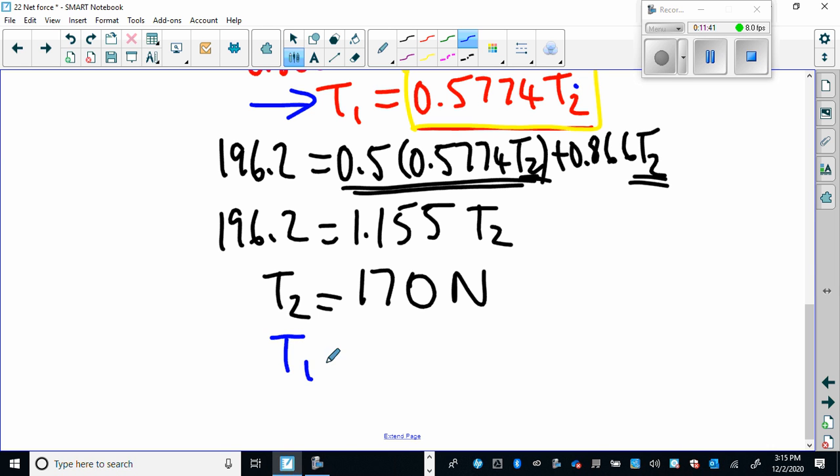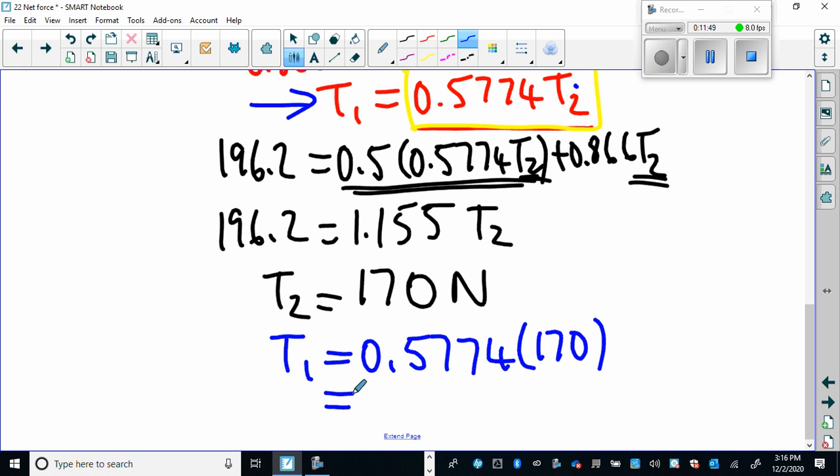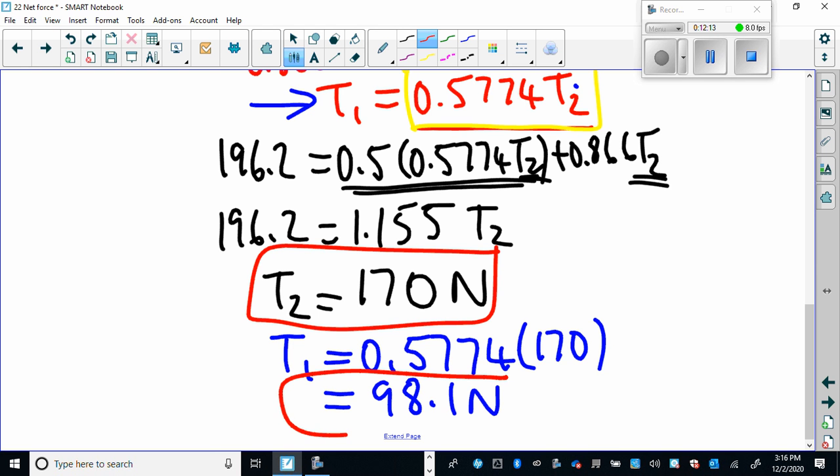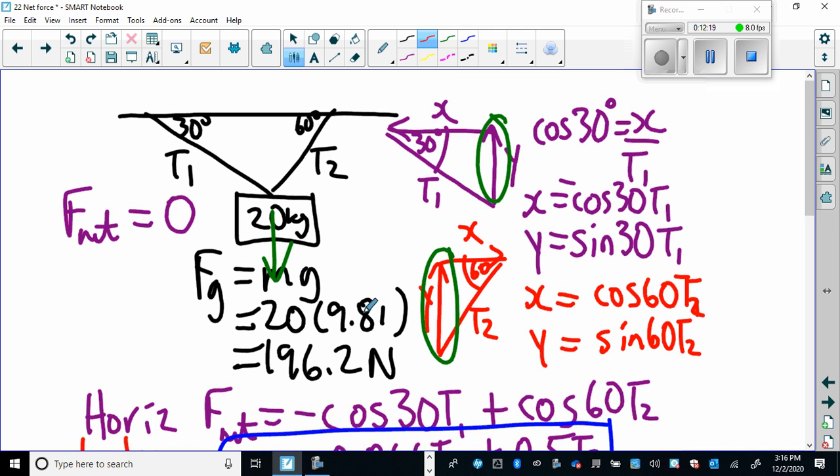I'm going to get T1 equals 0.5774 times 170, and that is going to give me 98.1 newtons. And that is it. Those are my two answers right there: tension 1, tension 2. All right, that's the answer to the question.